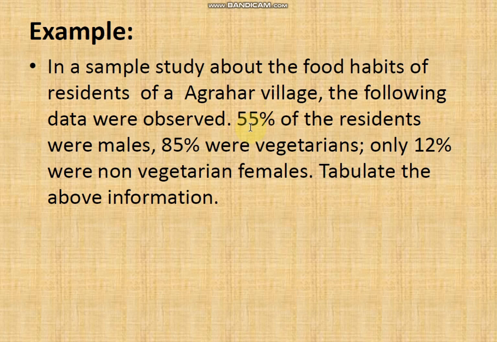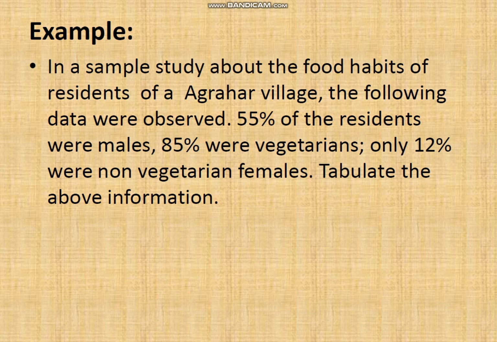Next, 85% of them were vegetarians. Only 12% of the females were non-vegetarians. So again, there is another bifurcation here, that is food habit, vegetarians and non-vegetarians. So male, female, vegetarian, non-vegetarian. This is how the data has two entities.